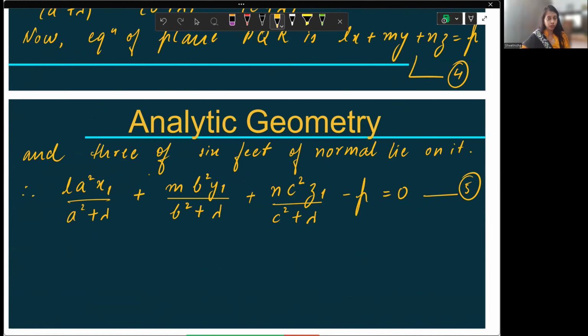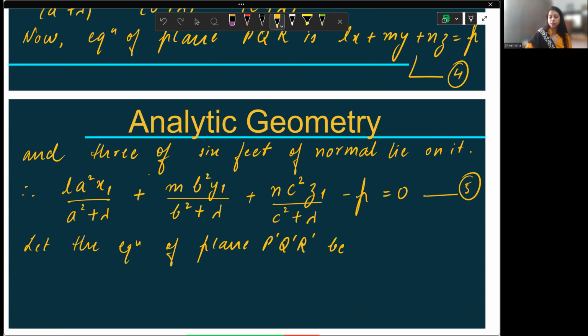I've just substituted, right? Similarly, my target is to find the equation of plane P dash Q dash R dash. So let the equation of plane P dash Q dash R dash be L dash x plus M dash y plus N dash z minus P dash is equal to 0.